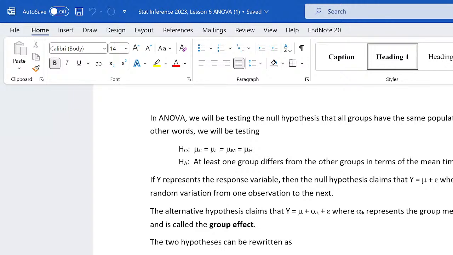Everything's right there: grand mean 75. If you want to estimate the population grand mean, use the sample grand mean. Y bar is 75.